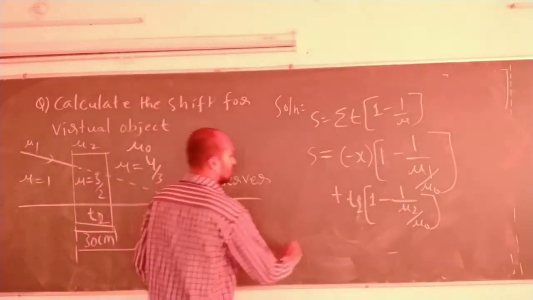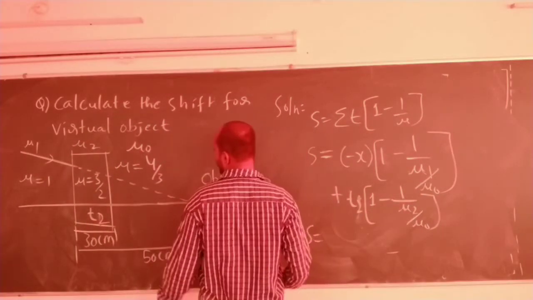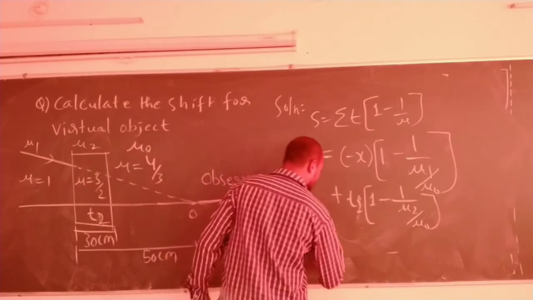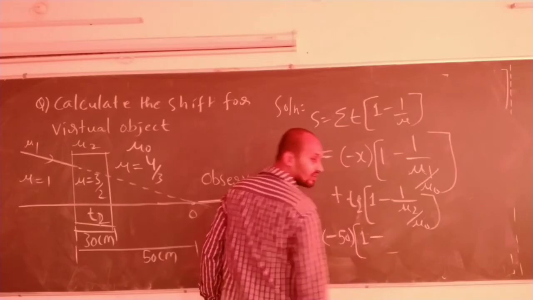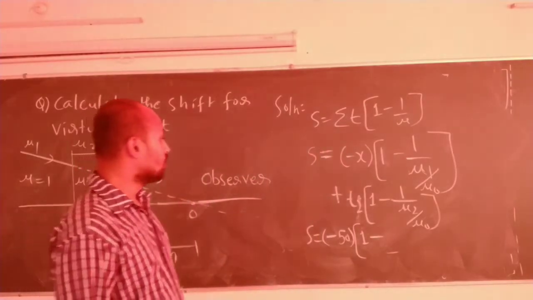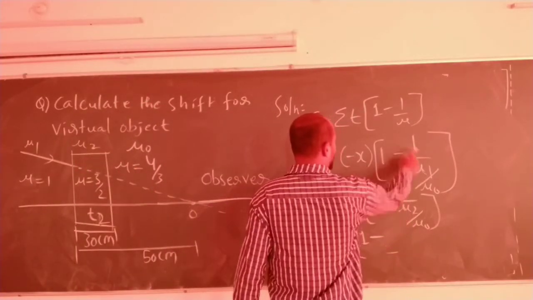Solve for this. It will be equal to minus 50 into 1 minus mu1 divided by mu naught.